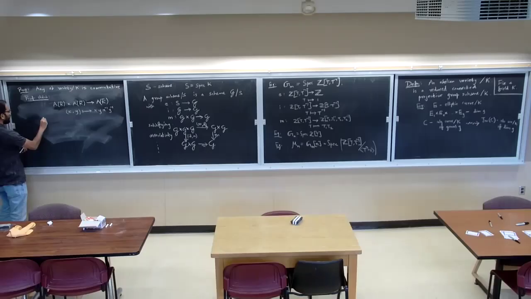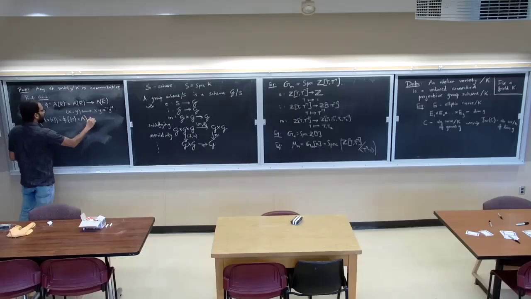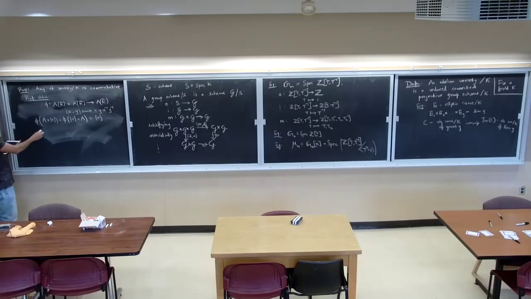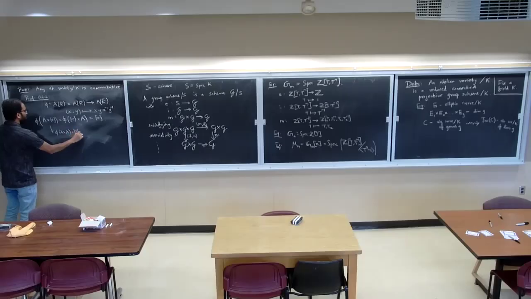I know that phi of A cross E and phi of E cross A are both just E. And from here it's not too difficult: you can conclude that phi of A cross A is E.